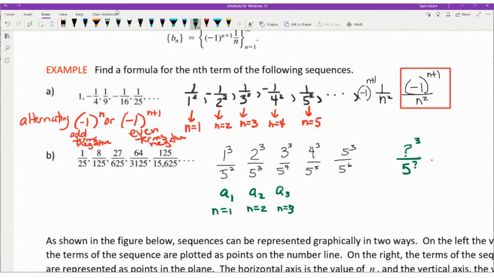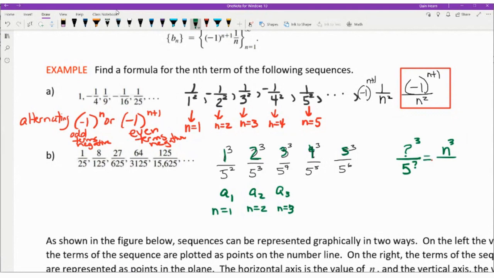All right, so in the base of the numerator, the 1, the 2, the 3, the 4, these are exactly equal to the number n each time. So I can say that's going to be n to the 3rd power in the numerator.